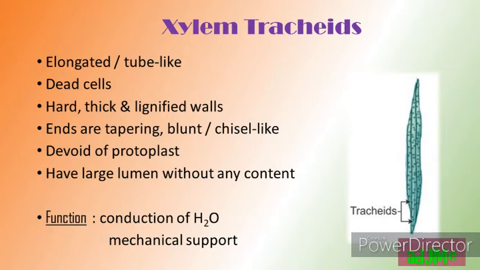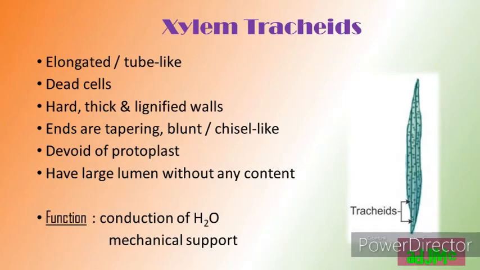So they are elongated and tube-like structures. Tracheids are dead cells, they are not alive. The cell wall of each cell will be hard, thick and lignified. The ends of these cells are tapering, sometimes blunt or chisel like.